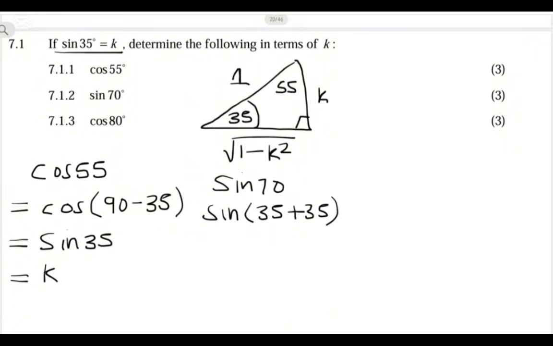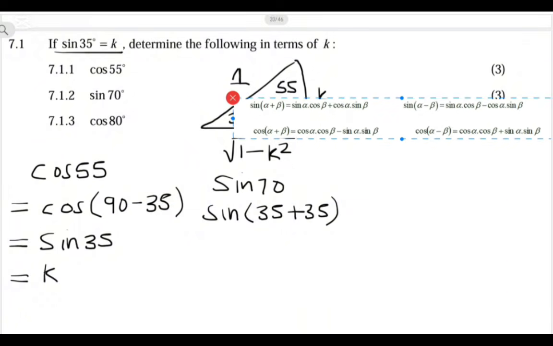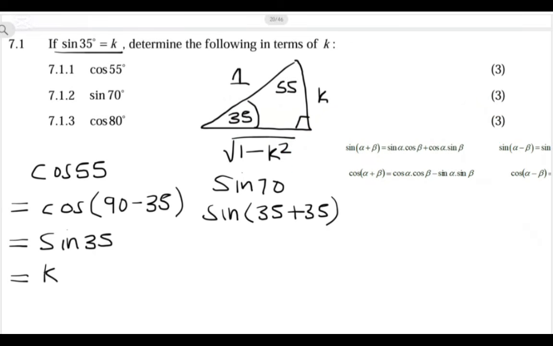And from here, I'm going to use my compound angles. Which compound angle am I going to use here? Let me bring these formulas here. So, here are those formulas. For sine, the one that is positive, I'm going to use this one. So sine of a compound angle is going to be sine cos plus cos sine.